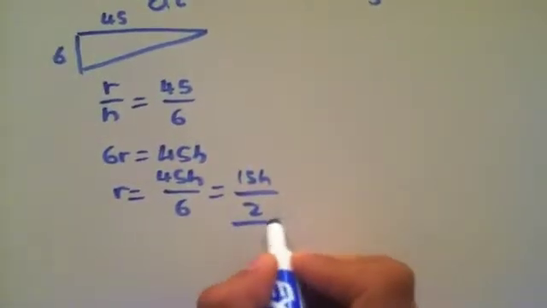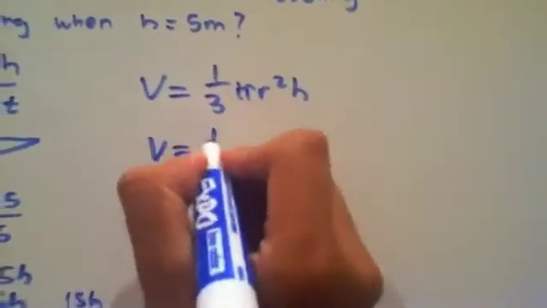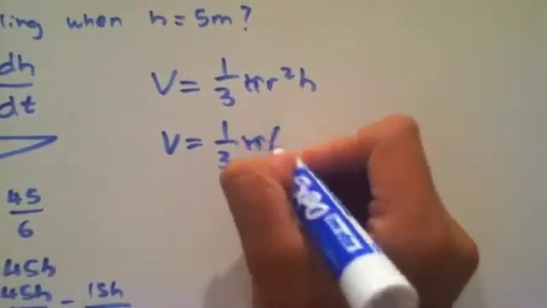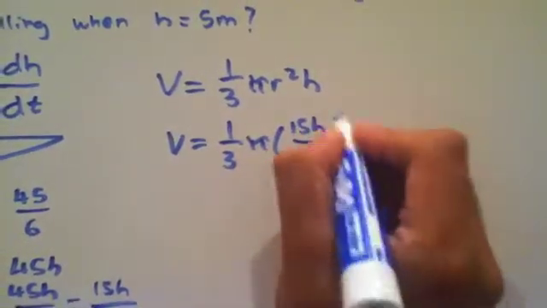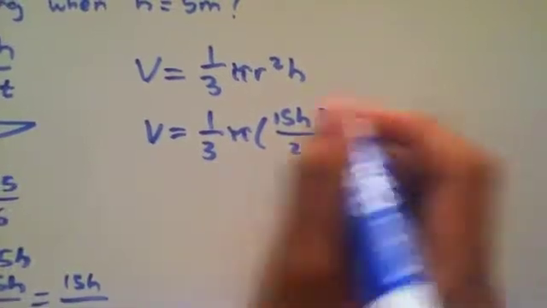Plugging this new value of r in terms of h back in, we get V is equal to 1/3 pi times 15h over 2 squared, that's the new r, times h.